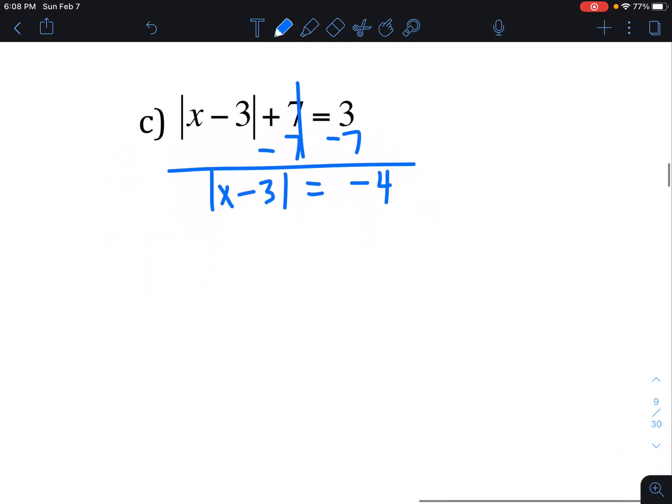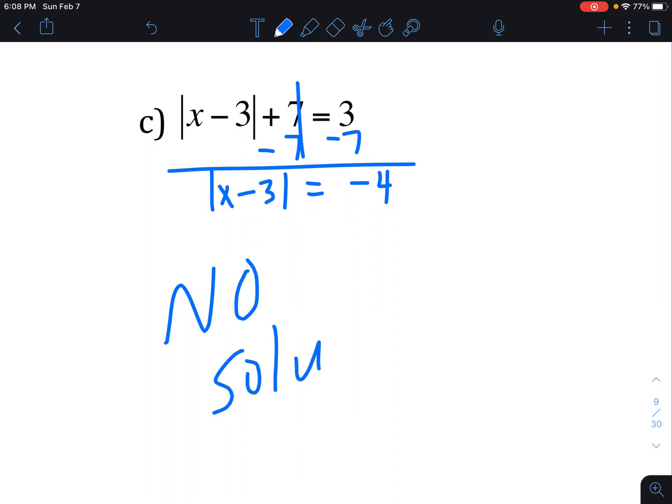Okay, now I want to alert you to something. We have to stop. We cannot get two answers here. We have a special case. We actually have no solutions. Why do we write that? Why can't we split into two equations? Well, take a look right here.